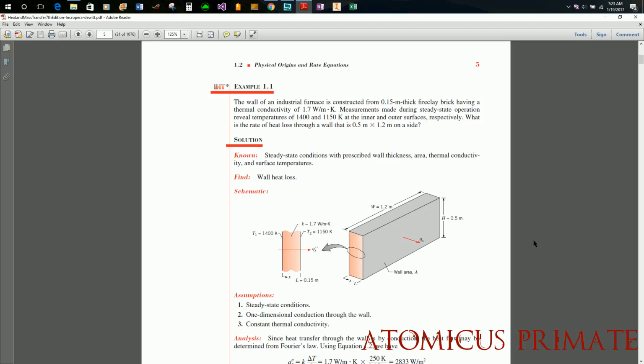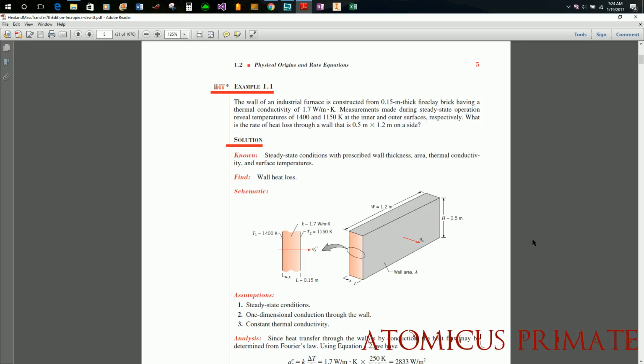There's the wall with the dimensions, showing the direction of the heat flow and a callout to the area, and then a magnification callout, where they show the temperature on one side and the temperature on the other side, 1400 on the hot side, 1150 on the other side. So in the middle, the material's k, 1.7 watts per meter Kelvin, and then the length.